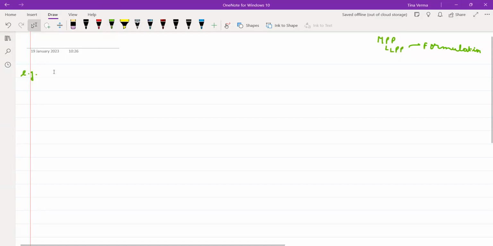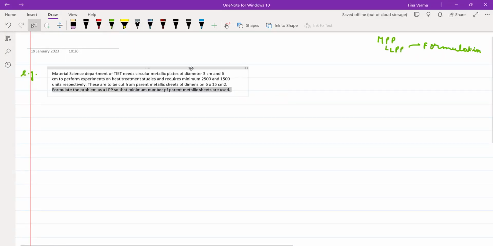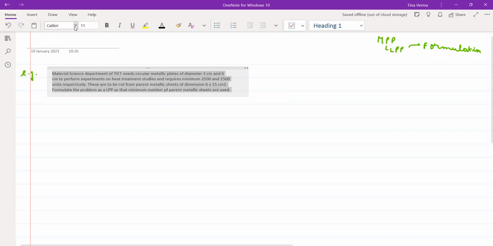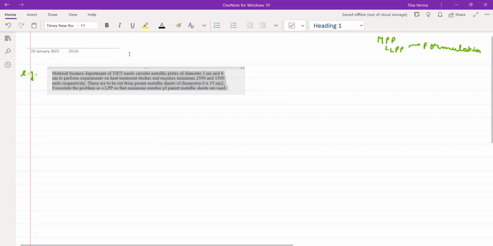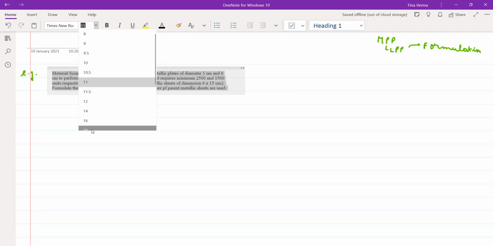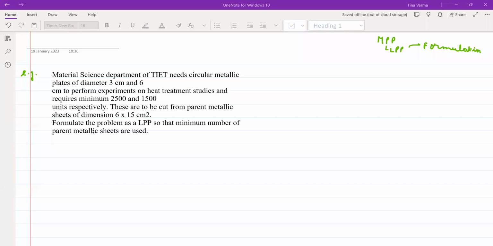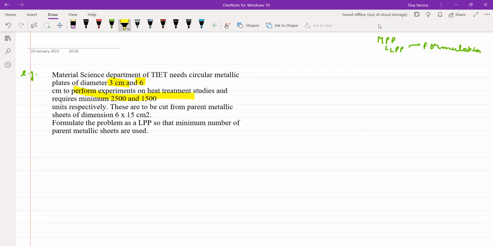So next example is this example. The material science department of TIT needs circular metallic plates, with diameters of 3 centimeter and 6 centimeter, to perform experiments on heat transmit treatment studies. They require a minimum of 2500 metallic circular plates of 3 centimeter and a minimum of 1500 circular plates of 6 centimeter.